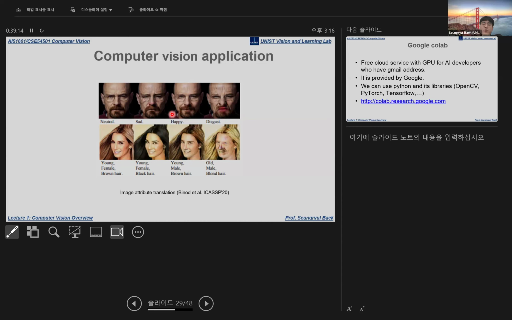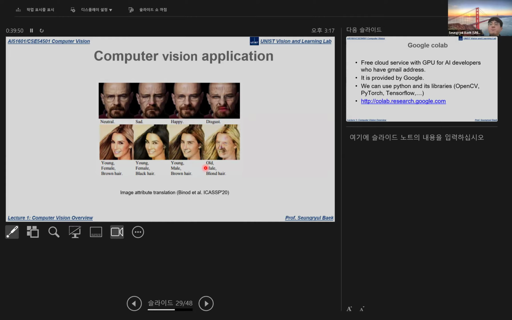You can also train a deep learning algorithm to generate images with new attributes. This is a young female with brown hair, but you can change her hair color, gender, or age. You can achieve this if you properly train the deep learning architecture.